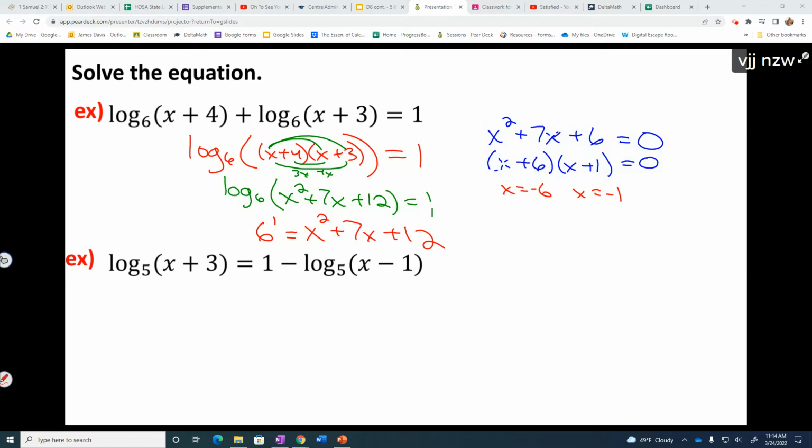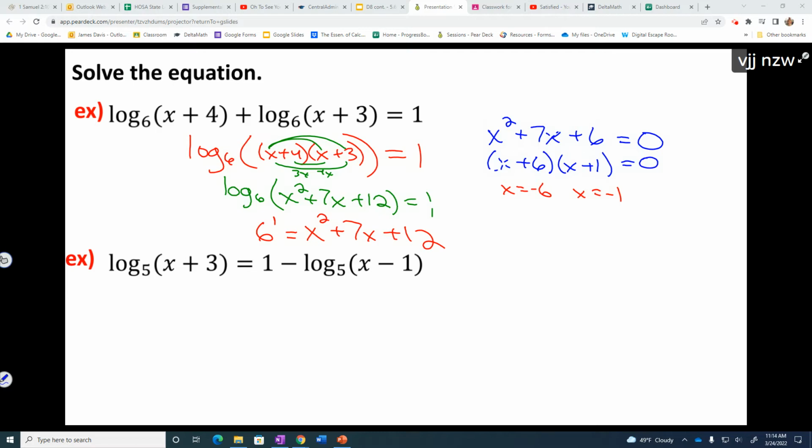Okay, so another thing that we've always said is that generally if you get a negative, then you cross it out. Well, this one, we have two negatives. Are these both not solutions? Why not? Which one is a solution and why? Right, yeah. So we both said negative 1 actually works.